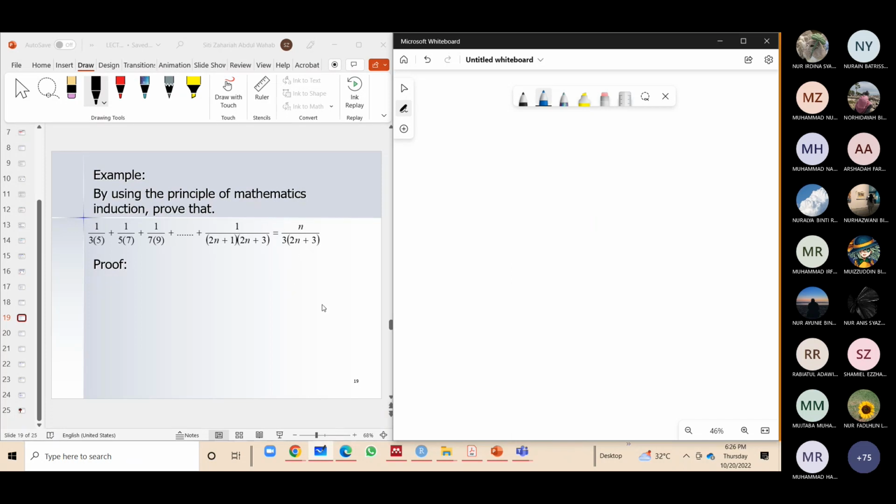So first step is n equals to 1. Substitute 1 into n, it will be 1 over 2 times 1 plus 1, close the bracket.